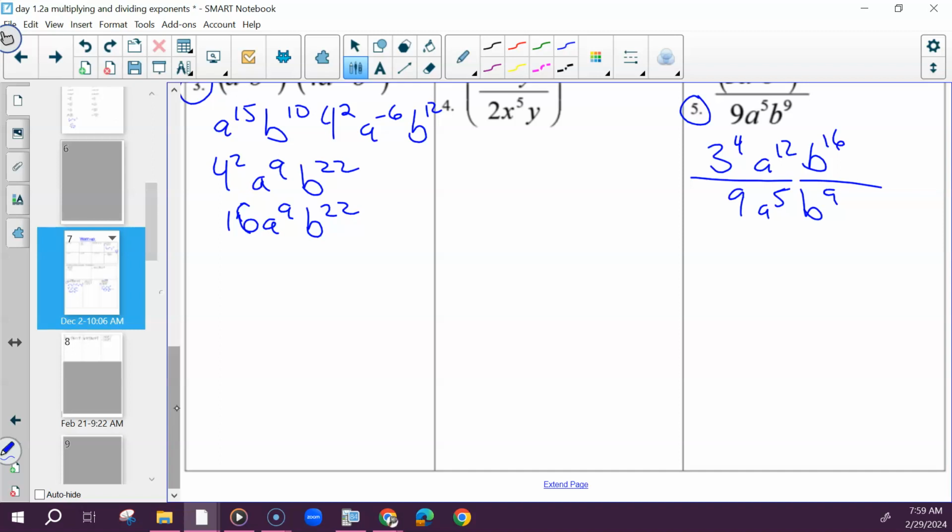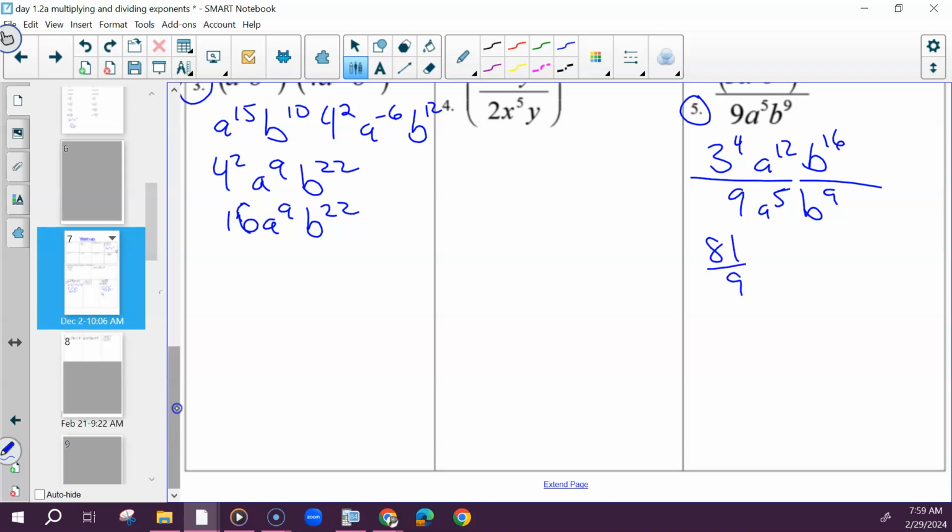Okay, so we can actually divide this. You have a couple different choices here. You could figure out what 3 to the 4th is, divide it by 9. Or you know that 9 is the same as 3 squared. You could change it to be 3 squared and then subtract the exponents. You have choices. If we were to just go ahead and figure out 3 to the 4th and divide it, what is 3 to the 4th? 81.